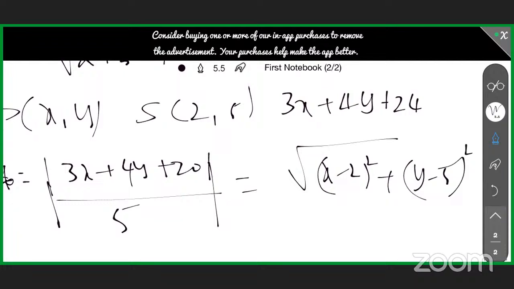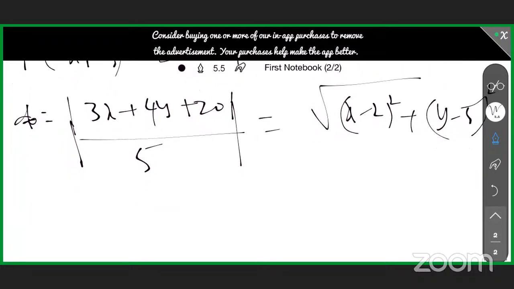So we will do squaring on both sides. Once we do squaring on both sides, the modulus can be removed. So because of that reason, I'm doing squaring on both sides.